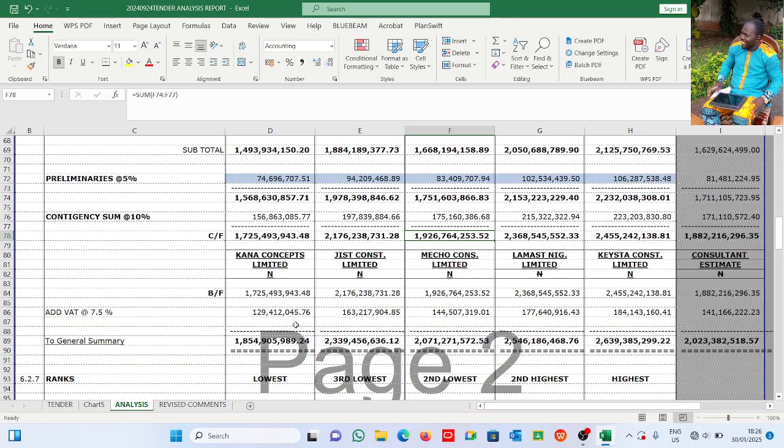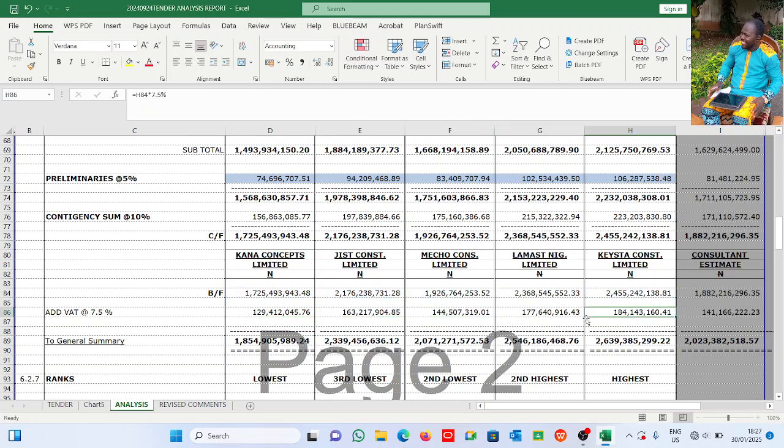All right, so we add VAT. The VAT is at 7.5%. I just brought it down here. 7.5% of this is 129 of this.